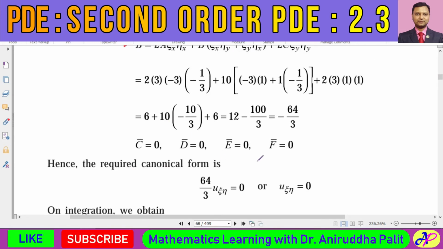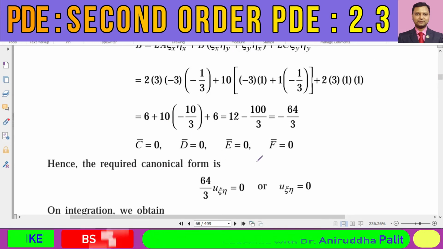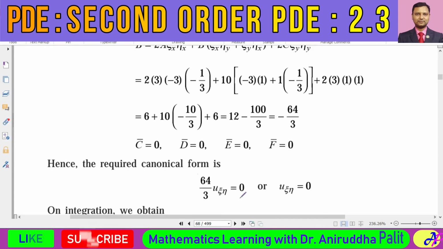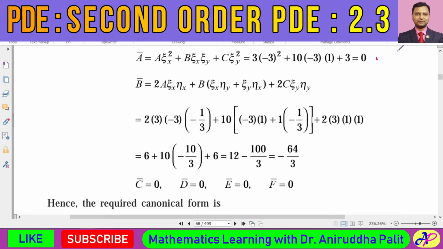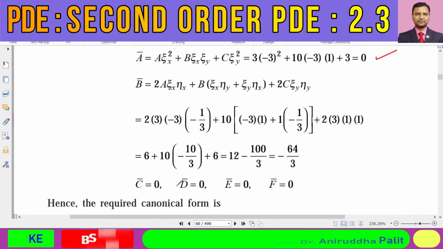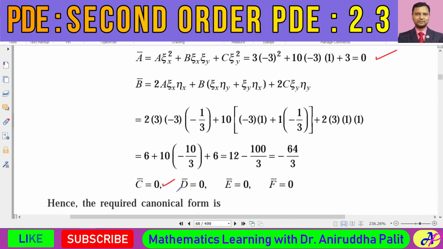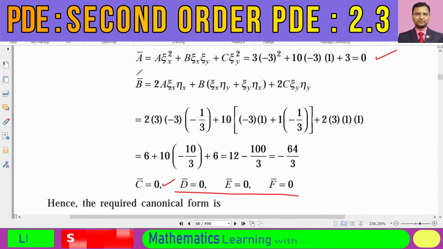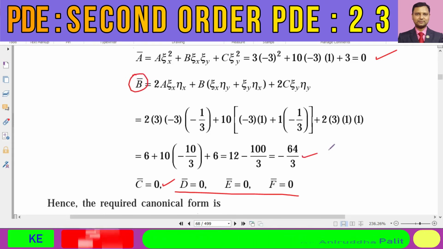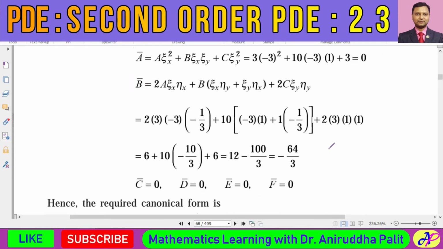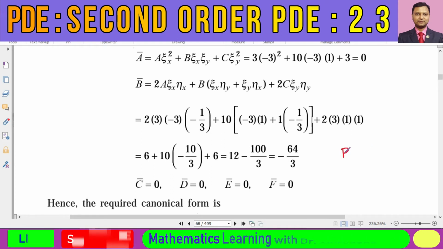And if you just put these expressions in the canonical form, what we get, you see over here, a bar is equal to 0, c bar is equal to 0, and the remaining expressions are all equal to 0. Only the contribution from b bar would come. Over here, b bar is equal to minus 64 by 3. So what was the canonical form? Finally the contribution from b bar should come.